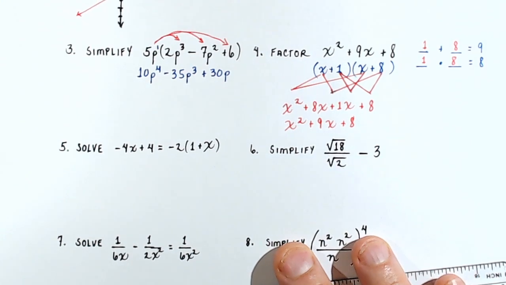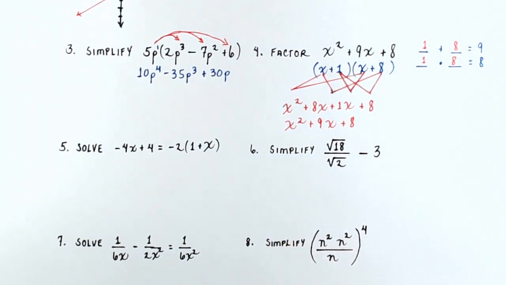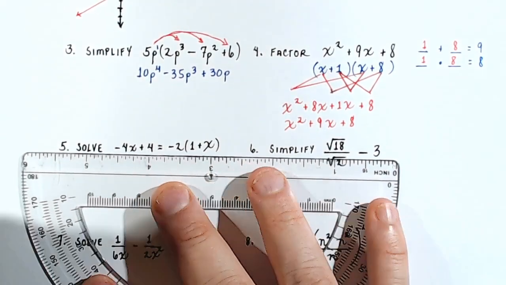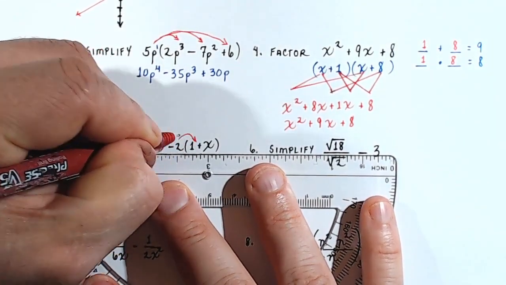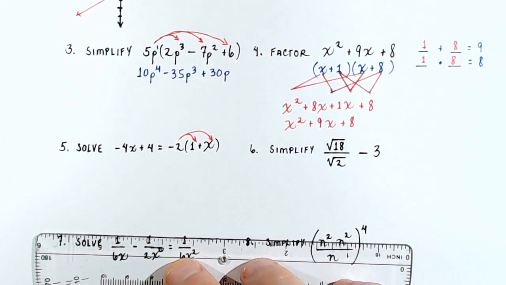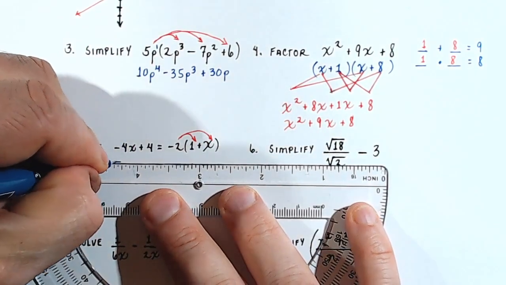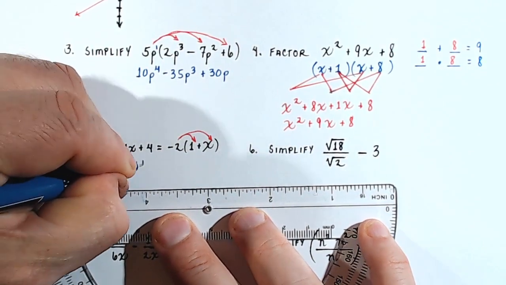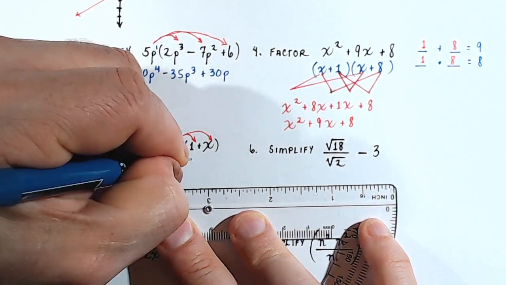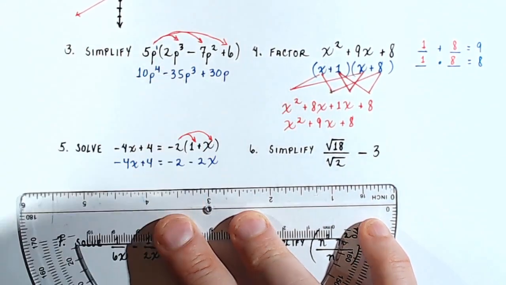Number 5, solve -4x plus 4 equals -2, open parentheses, 1 plus x. Okay, this is a multi-step solution. First, we'll distribute the -2 through the parentheses to get rid of the parentheses. I'll have to rewrite the left side: -4x plus 4 equals -2 minus 2x.